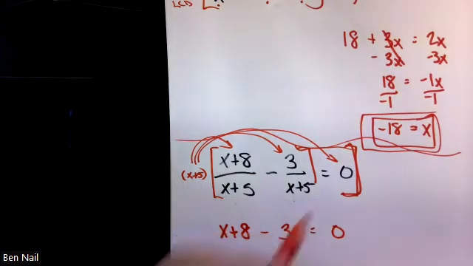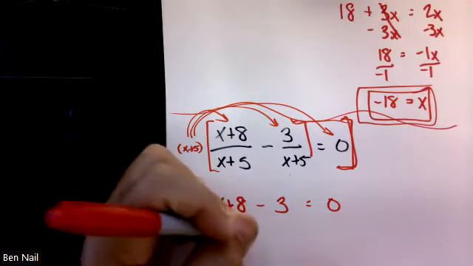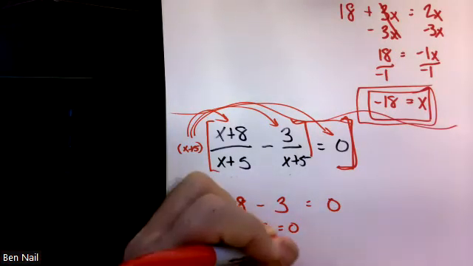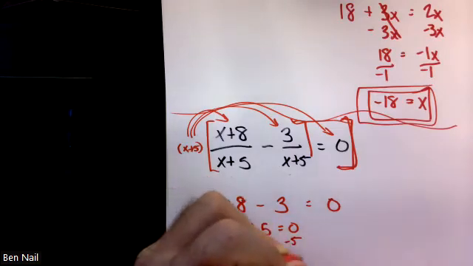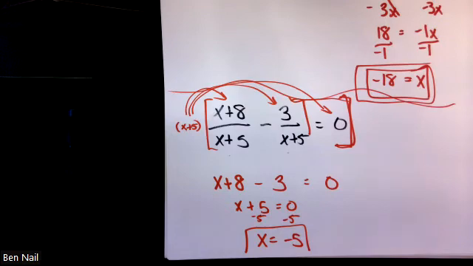So multiplying by that lowest common denominator got rid of our fractions and makes this a relatively easy problem to solve. Combine like terms, 8 minus 3 is 5. Subtract 5 from both sides, x could equal negative 5.